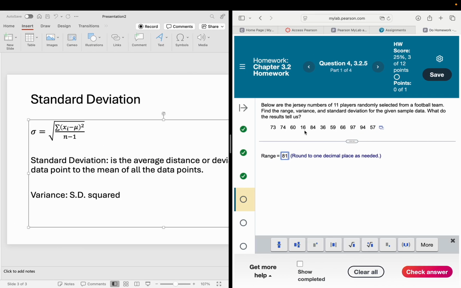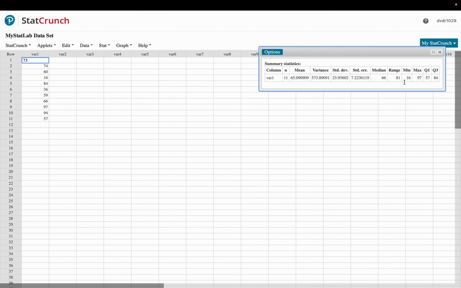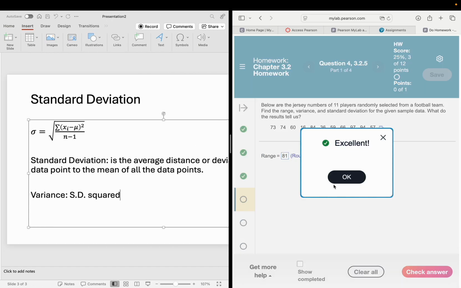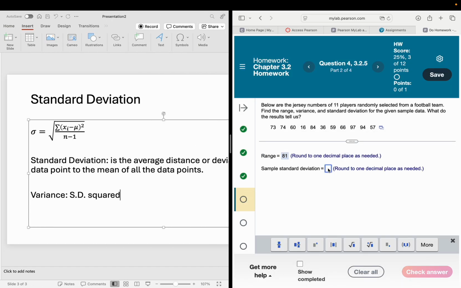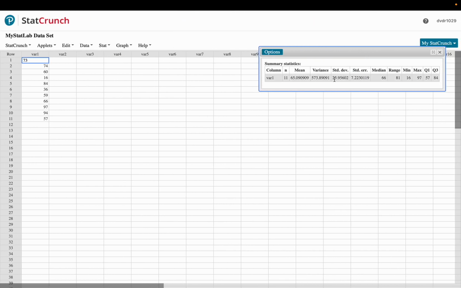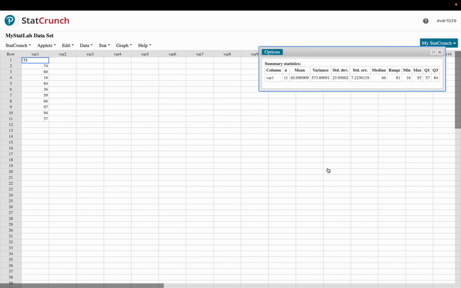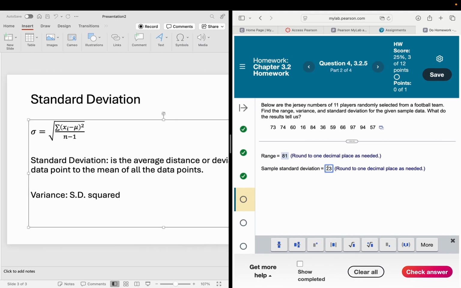Now remember, the range is literally the difference from the lowest to the highest. It's the difference between the min and max, so if you subtract those two, you get 81. Up next, the standard deviation. There it is, 23.956. But they wanted it rounded to the nearest whole number, so careful, 23.956 would round up all the way to 24.